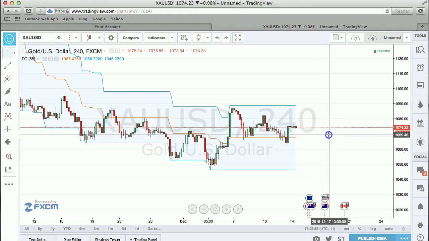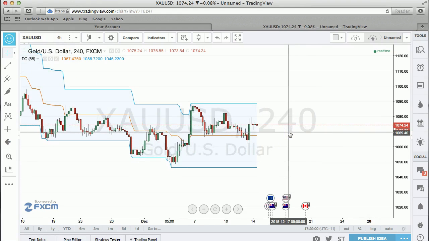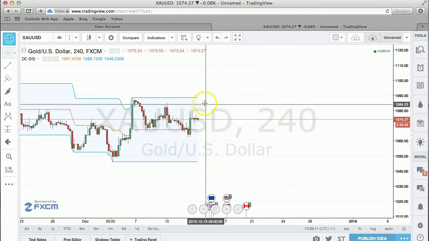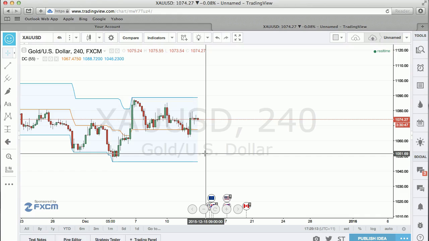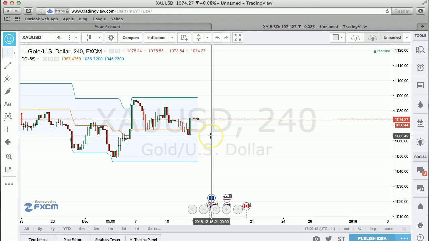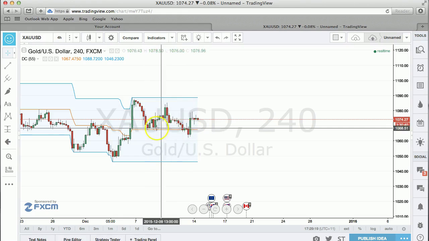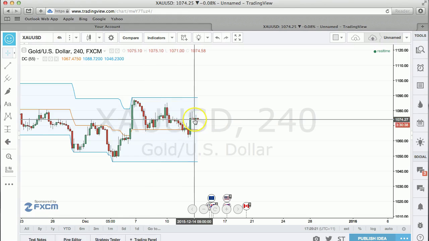So here's another rule. You want to short or long 1 pip above or below the Donchian channels. So here's how I analyze this right here. It's very simple. I'll see that price has already hit this as support twice, and it's bounced back up.